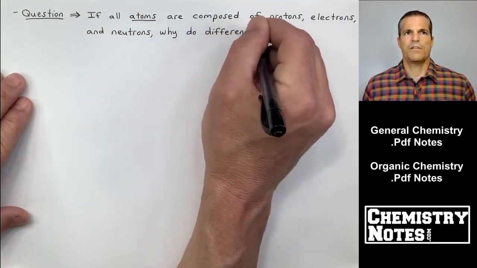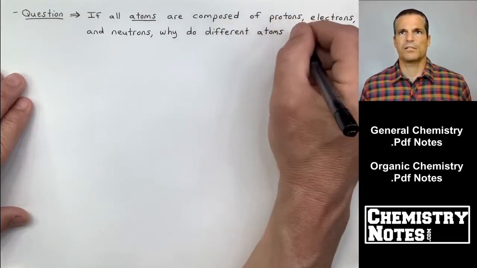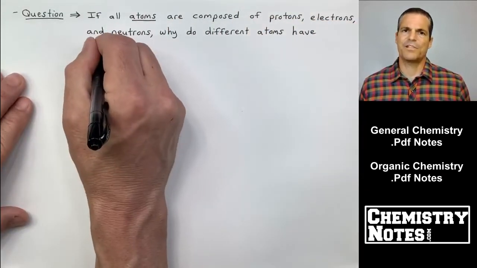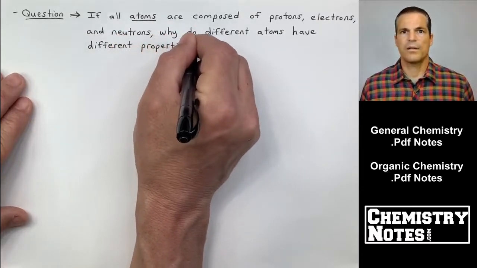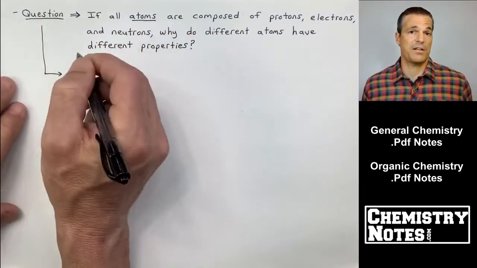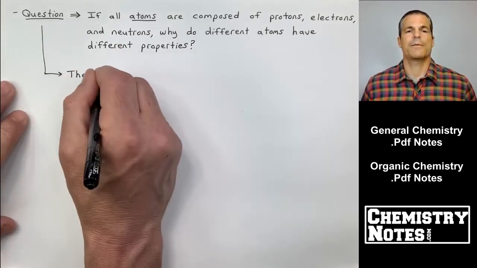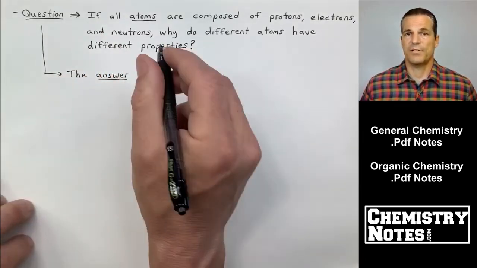In other words, if everybody is nothing but protons, electrons, and neutrons, how come different atoms, for example, lithium versus chlorine, how come they have different properties if they're made of the same stuff? All right?